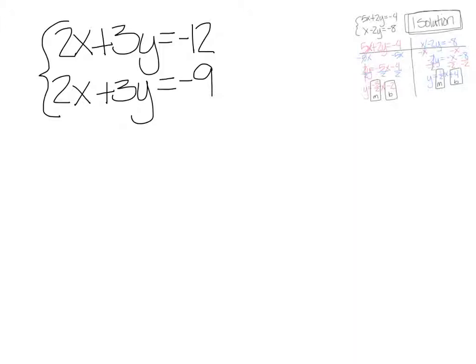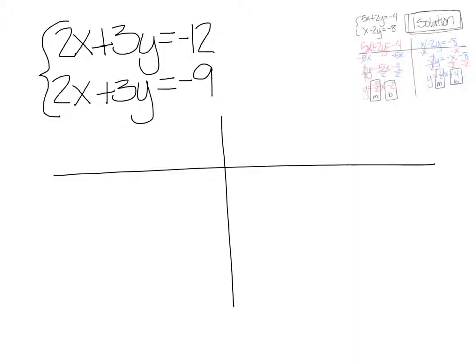Now, this particular one, we don't even have to put in y equals mx plus b to see that they're very similar but not exact. Let's go ahead and put it in y equals mx plus b and see what conclusion we can draw. So again, I'm just going to write the equations out so they're easier to work with.